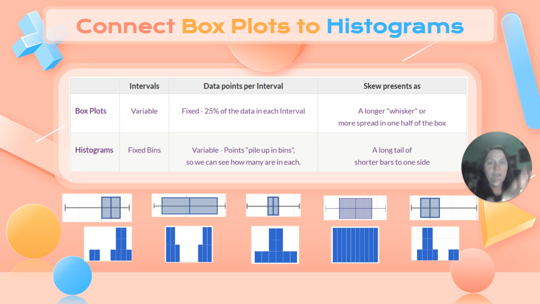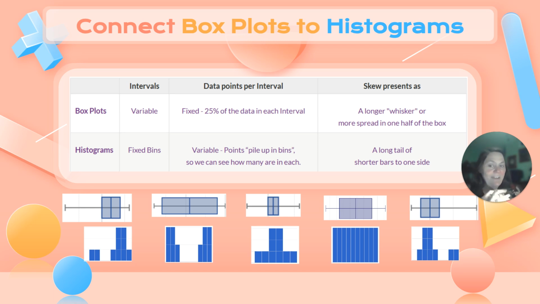It's 20, 20, 20, all the way across. But then the number of data points in each bin varies, depending on how many data points fit in that bin, right? The skew for a box plot will be that whisker or box. That's how it's spread. And the skew in a histogram will be that tail coming out of the bars, shooting off to one side or another, right?